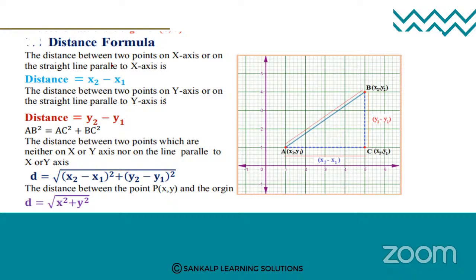The distance between 2 points on x-axis or on the straight line parallel to x-axis is x2 minus x1. Okay.